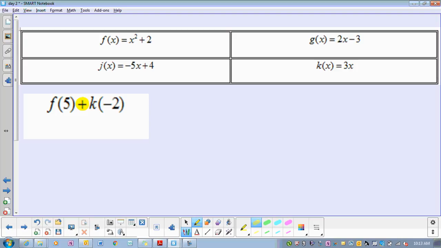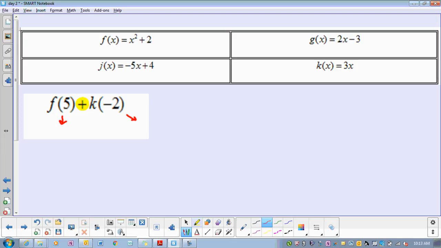So this is basically what we just did, except we're adding in extra steps here. Find f of 5, whatever it is, get your answer. Then find k of negative 2, whatever it is, and get your answer. What are you doing with the two answers? Add them together, right? Okay.